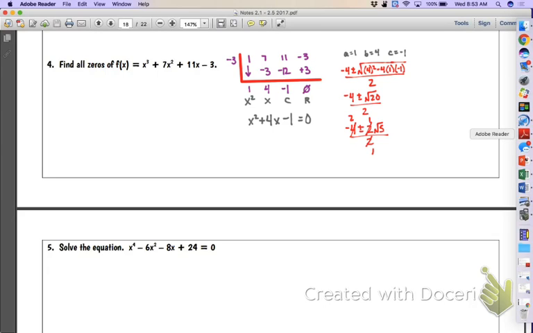So my other answer is negative 2 plus or minus the square root of 5. So we have our three zeros. We have negative 2 plus the square root of 5. We have negative 2 minus the square root of 5. And then we have the nice neat answer up here with the negative 3. Okay?